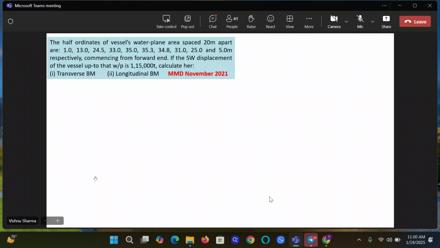Beta, this is an MMD exam question. If you see what we have done up till now today, we are using whatever we learned over the last 2 days. Questions until now involved regular geometric shapes.